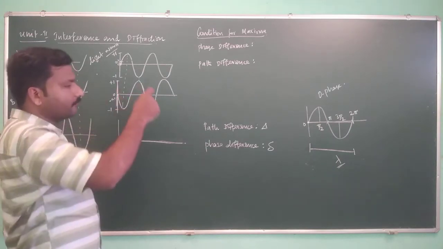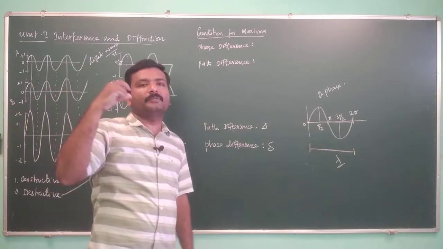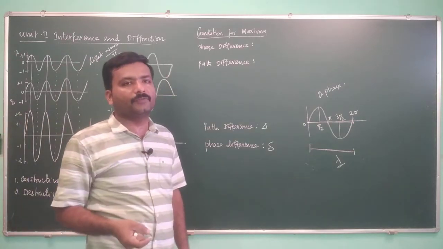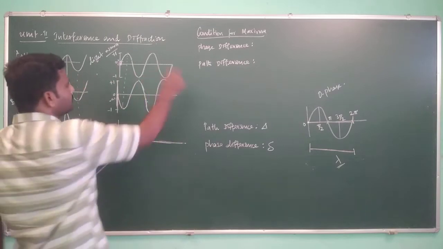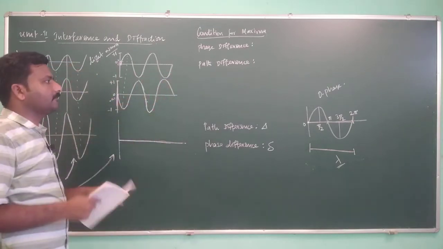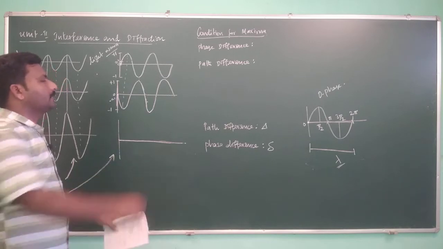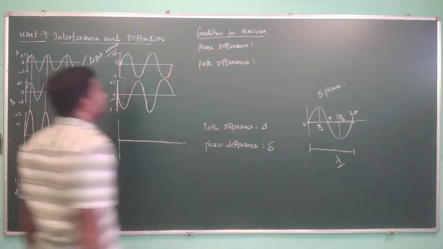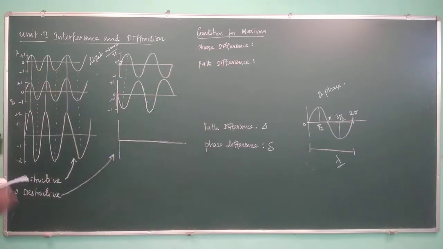If this is the phase difference, then you could say the maximum interference will happen in these two interacting waves. Similarly, if this is the path difference, then constructive interference will happen. That we could say. But what is that equation? How to obtain that? That is the question now.